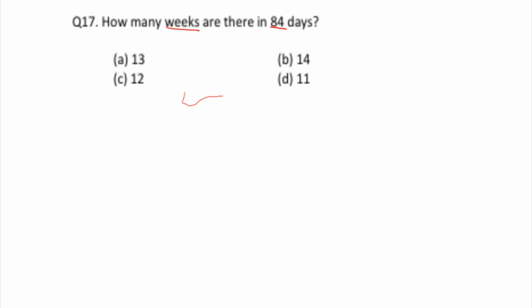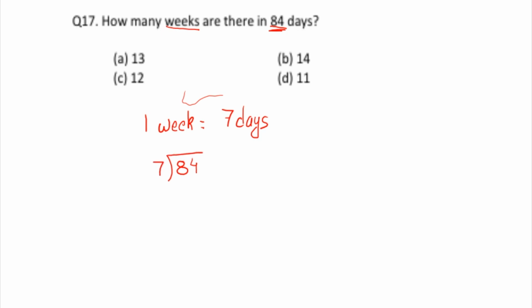We know that in 1 week we have 7 days. Now 84 days, how many weeks? Let's see. 84 divided by 7. Okay, let's do this. 7 ones are 7.